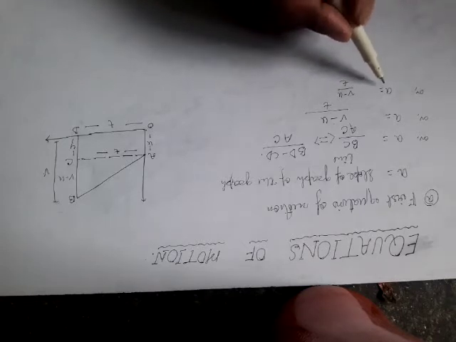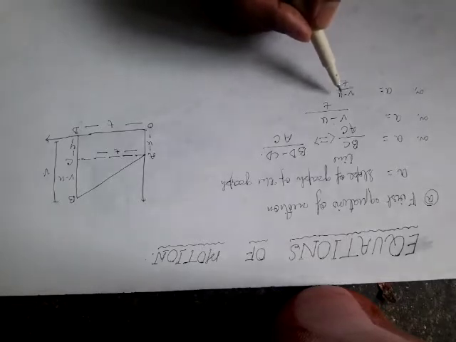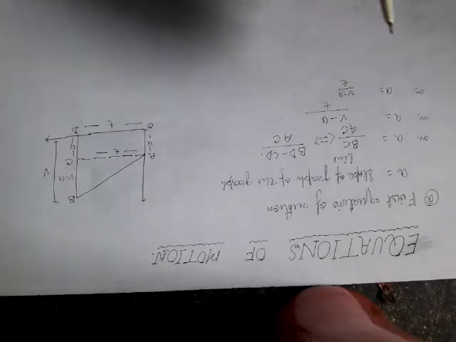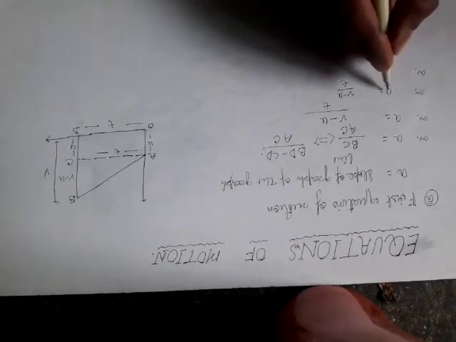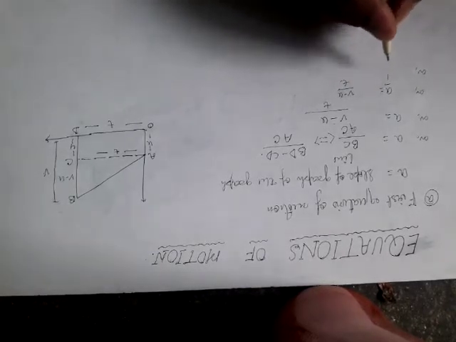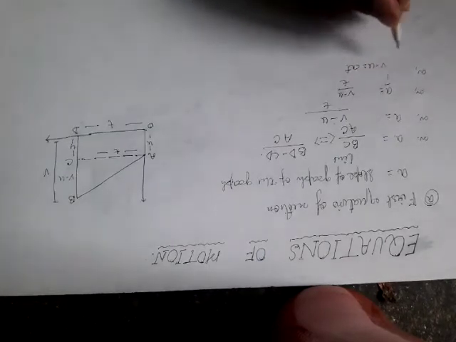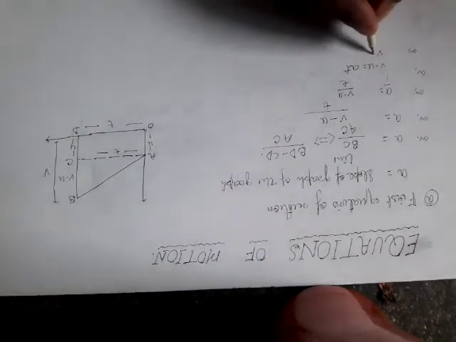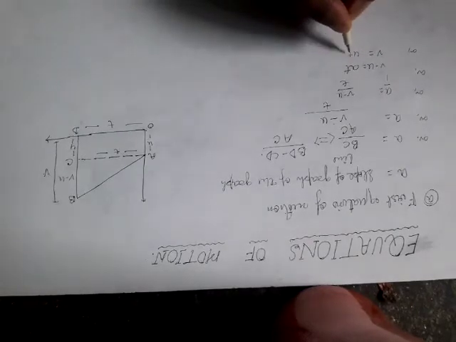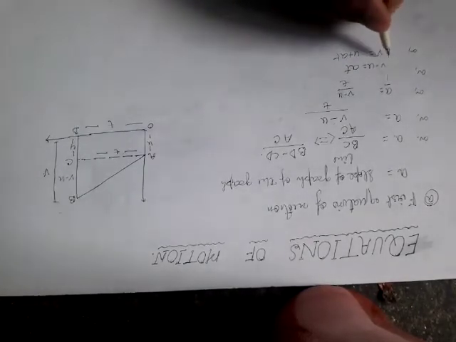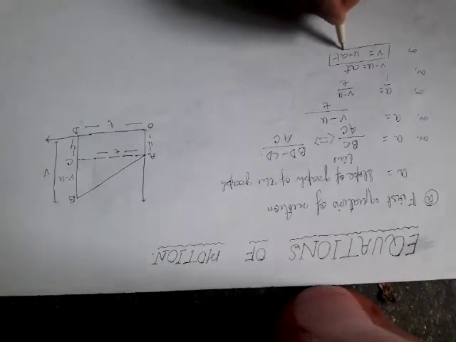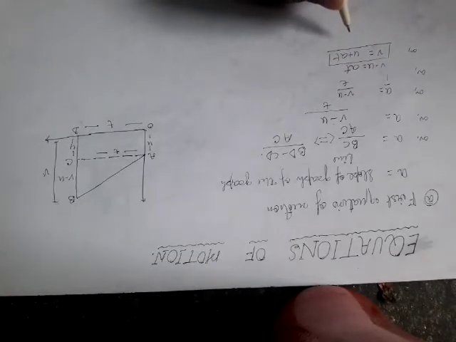So acceleration is always the rate of change of velocity. After that we can apply cross multiplication here. So v minus u equals at, or we can write v equals u plus at. And this is the first equation of motion.